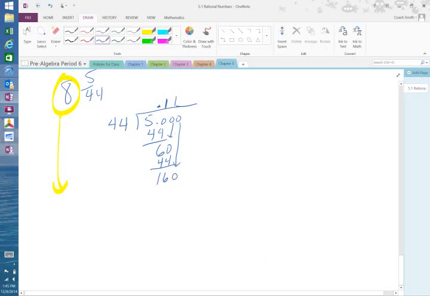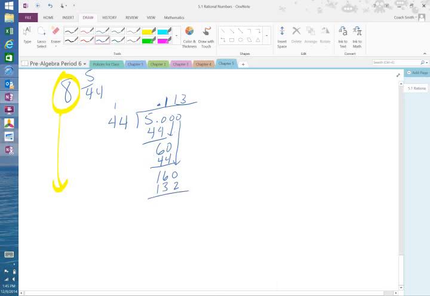44 into 160. No, 3 times. 3 times would be 132, which gives me a remainder of 28. Bring down your 0. 44 into 280. That's more than 4. 6 times, yep, 6 times. And that's going to be 264.